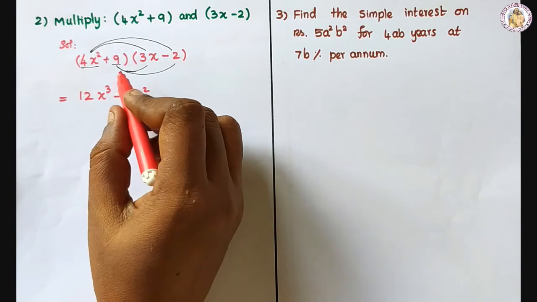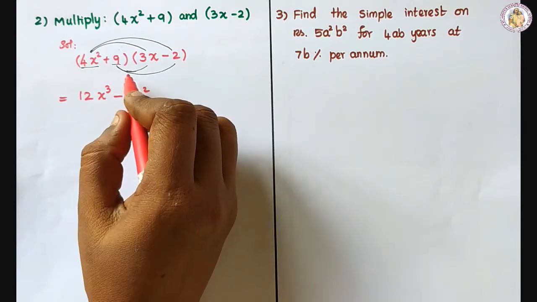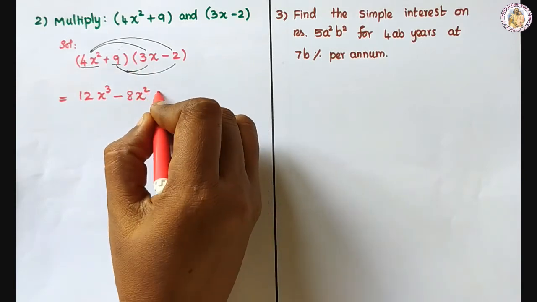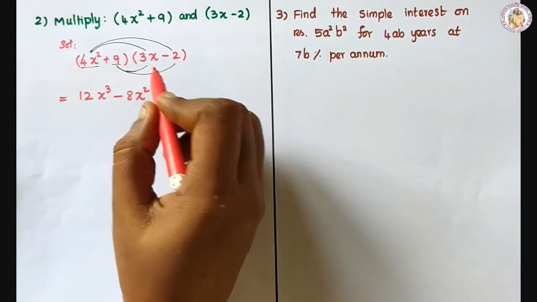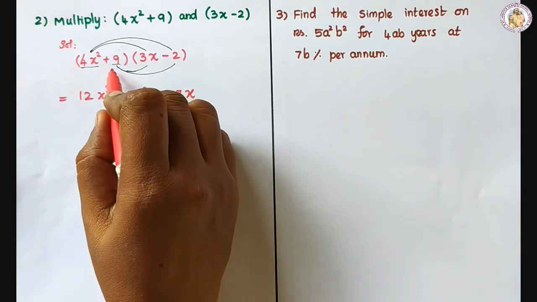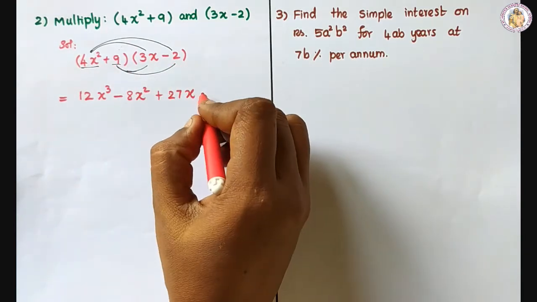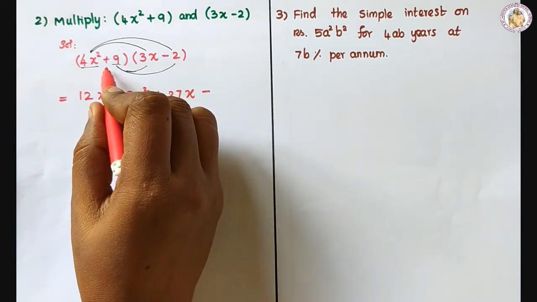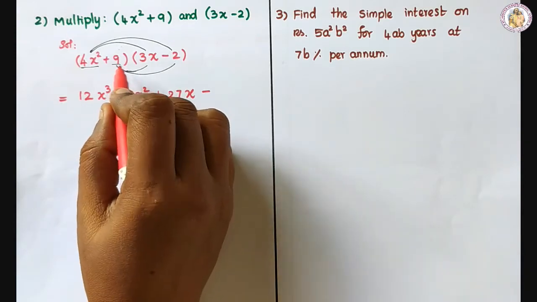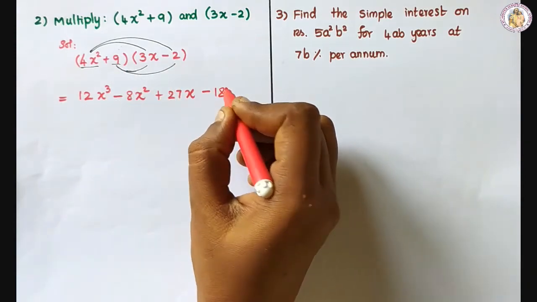Next take 9, multiply with these 2 terms, plus into plus, plus 9 3s are 27 x. Next term plus into minus, minus 9 2s are 18.